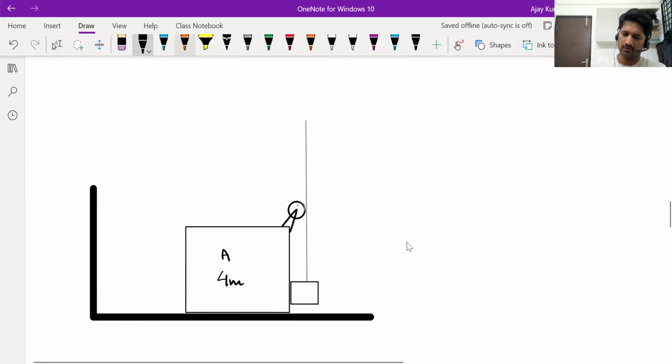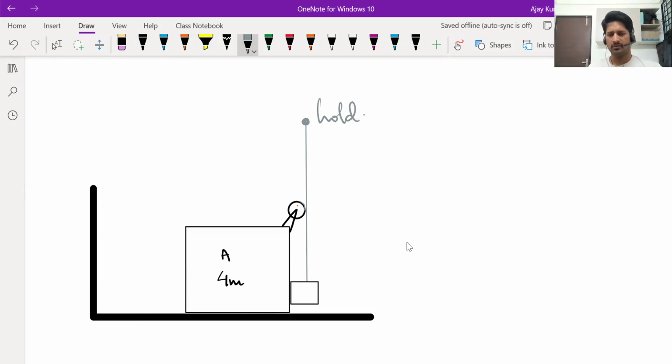Suppose you are holding the string here. What will happen now? Nothing. The small block stays there itself. Tension balances its weight. The big block is not under the influence of any force. I mean, weight and normal from the ground will be there, but no additional forces. The big block will be in equilibrium. Everything will be in equilibrium like this.